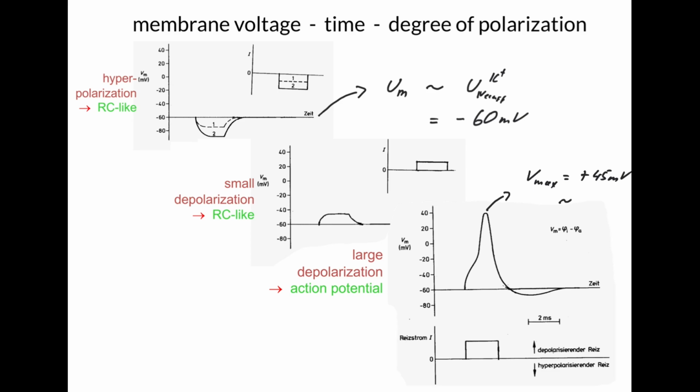It's important to mention that the membrane potential of the resting state, which is minus 60 millivolt, is about the Nernst potential of the potassium. The membrane potential rises up to the Nernst potential of the sodium when we apply this large depolarization pulse.